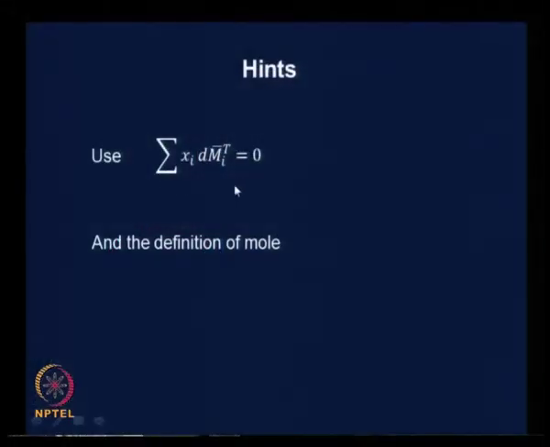Okay, now let us look at the solution from the hints that were given. Let us use the sum over xi dMi hash equals 0 and the definition of a mole. The mole, as we all know, is defined as the mass divided by the molecular mass of a substance; that is, if you divide the mass of the substance you have by the molecular mass, you get the number of moles.